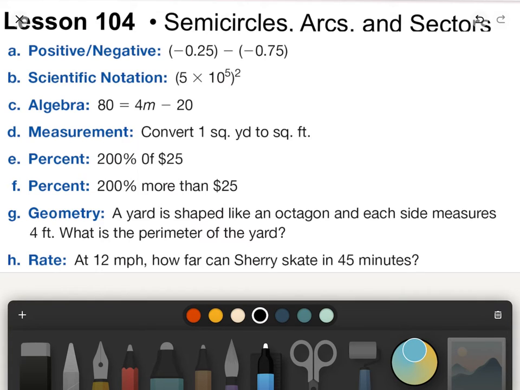Okay, so we are looking at a negative sign and a negative value, which means we are actually going right on the number line for that. So we are subtracting the 25 hundredths from the 75 hundredths, getting us 5 tenths, or 50 hundredths.